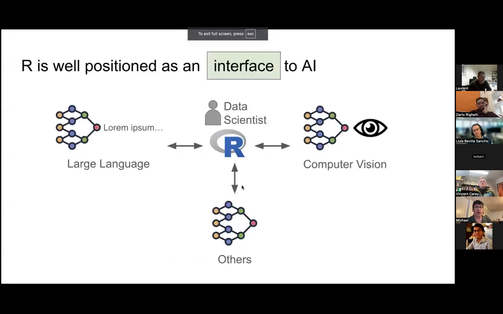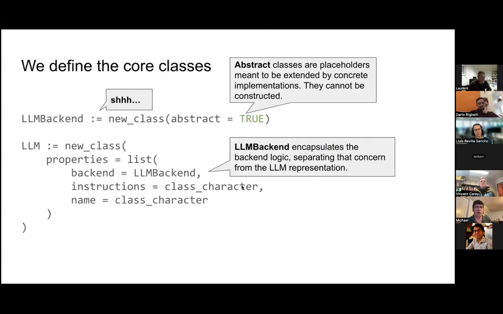All right. So, arguing for why we would want to have an LLM interface for R is not important. One of the things I want to point out real quick is this colon equals operator that we're playing around with. It's valid R syntax, but it's never actually been defined.